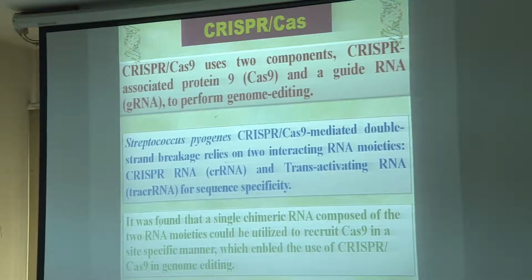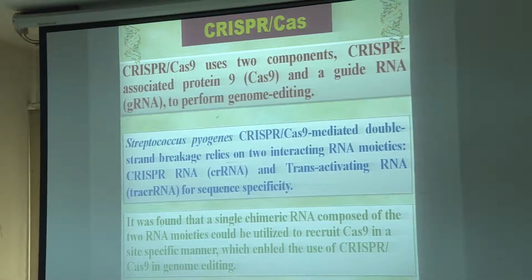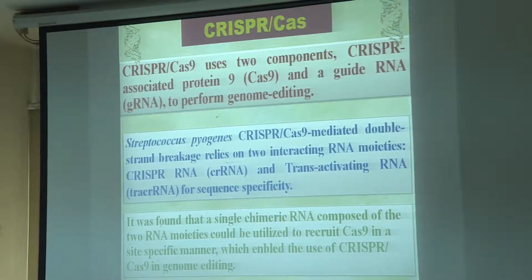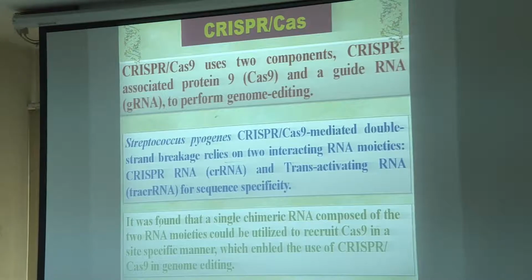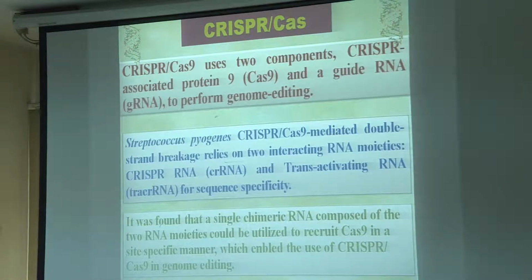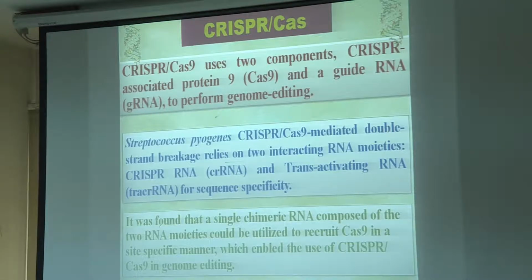If we see, there is no protein involved in the first component, it is RNA, and the nuclease is protein. So, RNA and protein are involved together, and if we look at the RNA part, there are two naturally occurring types of RNA involved, responsible for identifying the binding site, and then the associated Cas nuclease will make a cut.